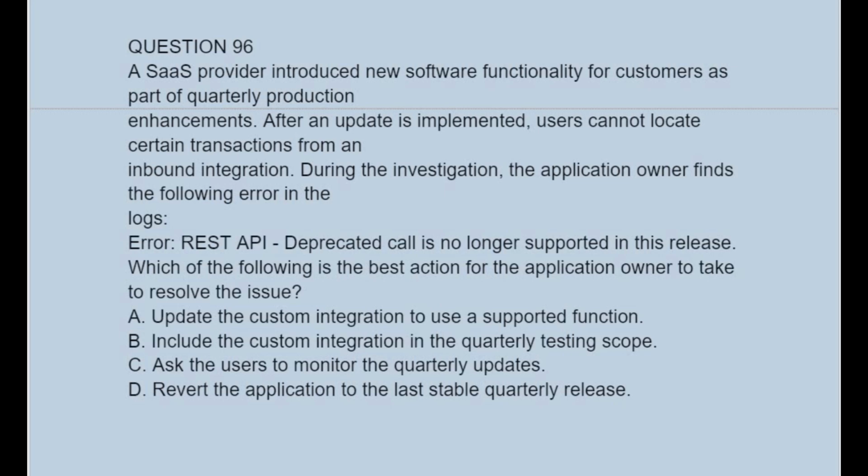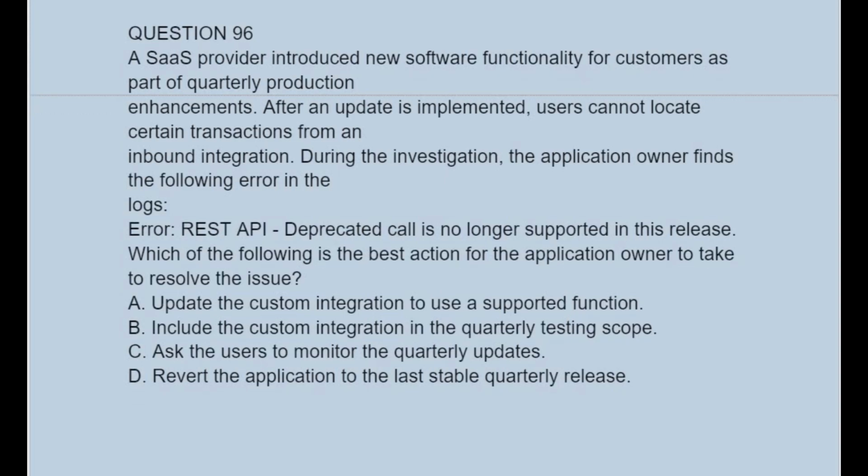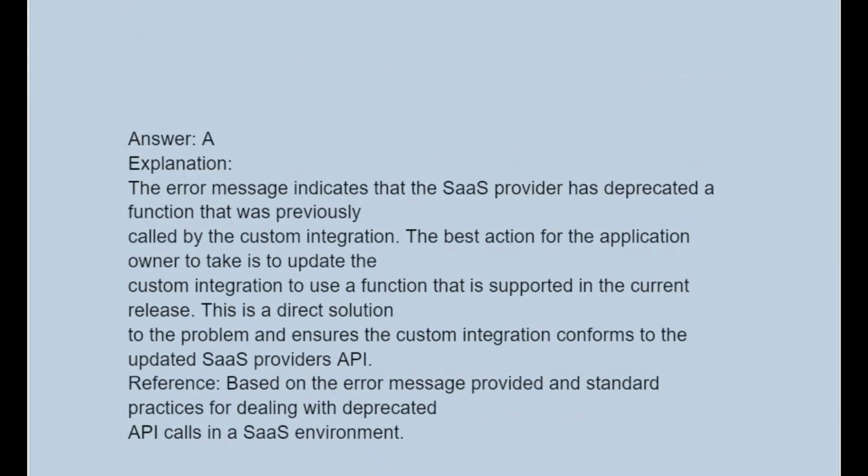Which of the following is the best action for the application owner to take to resolve this issue? Option A. Update the custom integration to use a supported function. Option B. Include the custom integration in the quarterly testing scope. Option C. Ask the users to monitor the quarterly updates. Option D. Revert the application to the last stable quarterly release. Correct answer is option A.